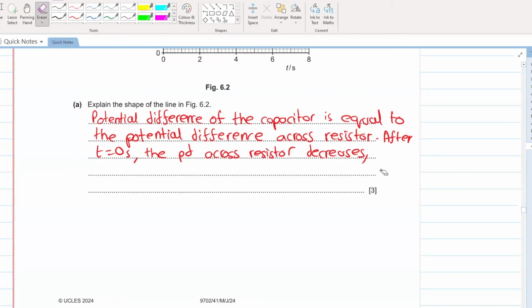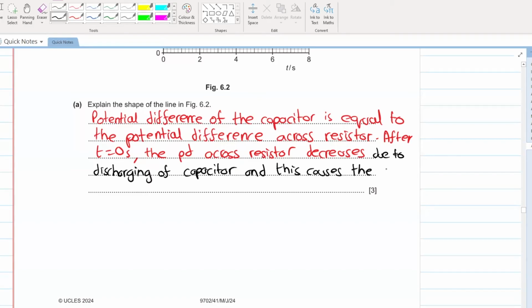You can write it here: the potential difference across the resistor decreases due to discharging of the capacitor, and this causes the current across the resistor to decrease.